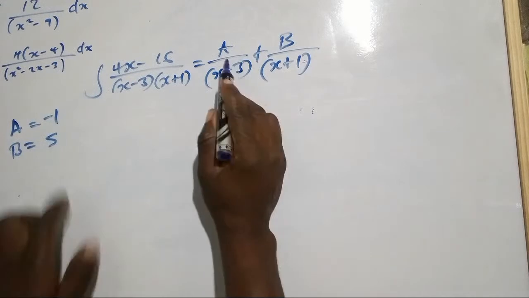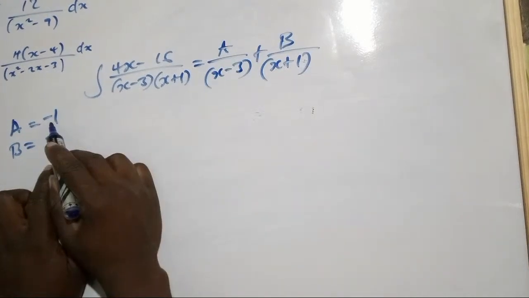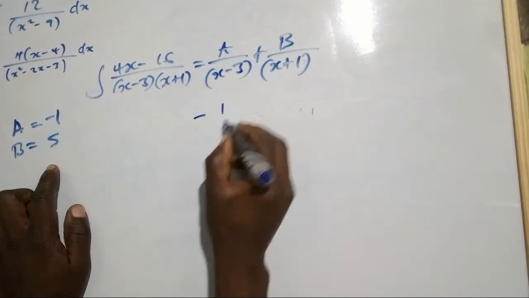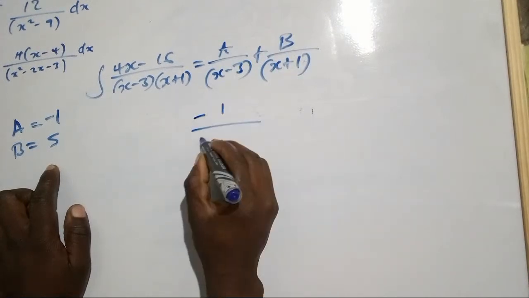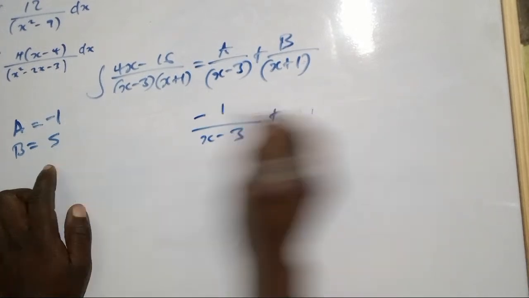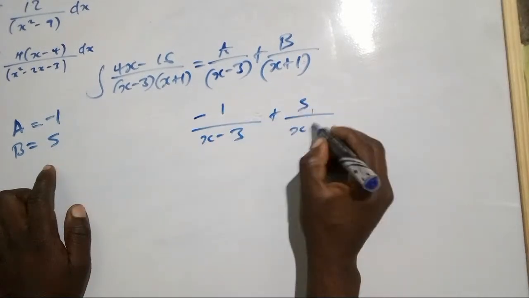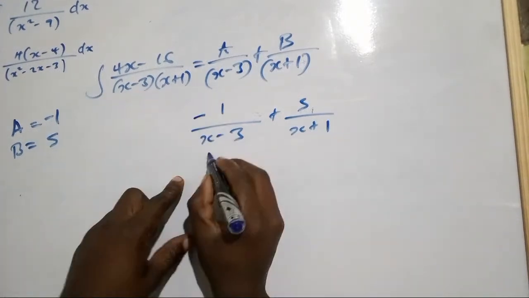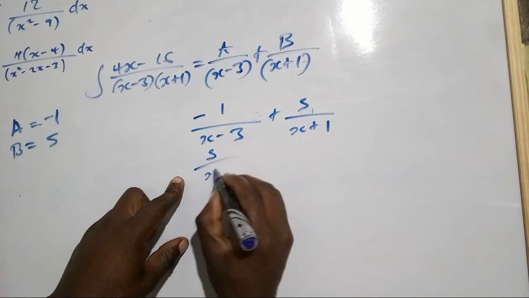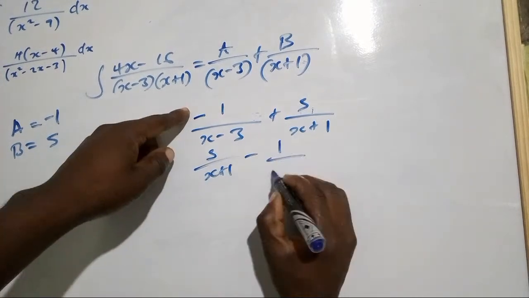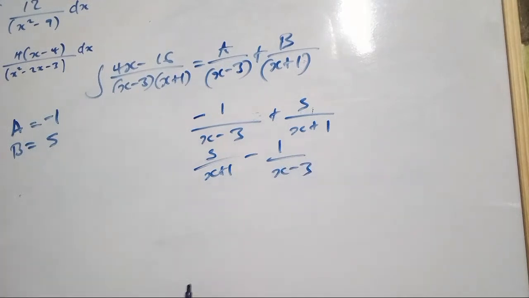And if you can see here, for a we have -1 over this term x -3, then plus b we have 5 over x plus 1. So we are going to start with the positive one, which is 5 over x plus 1, then minus 1 over x minus 3.